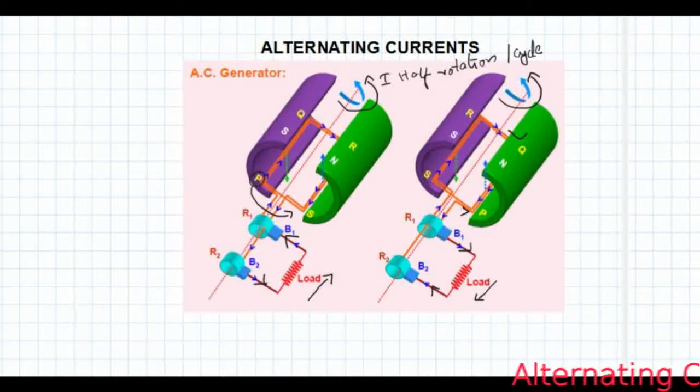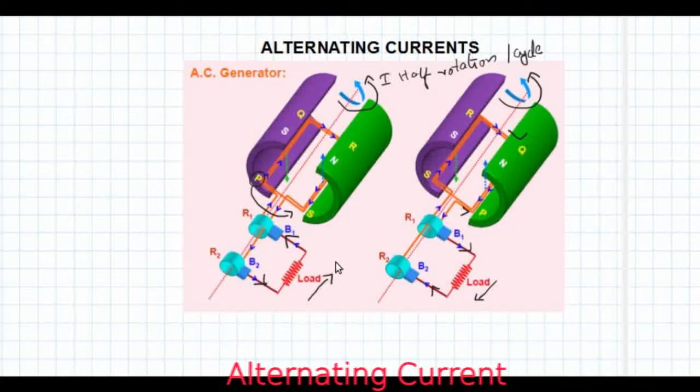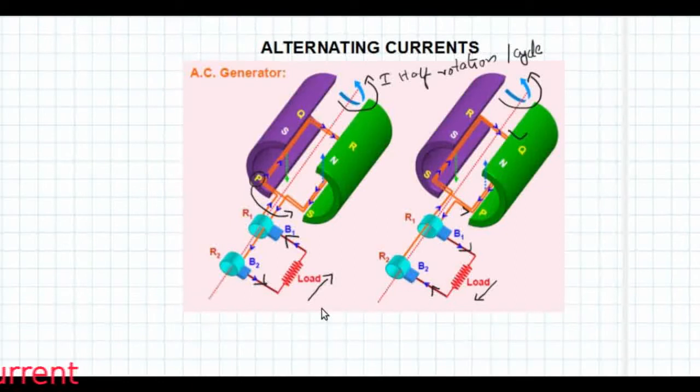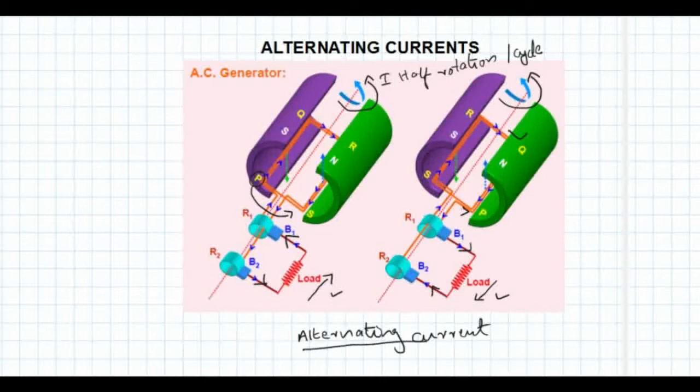So here also, in the first half cycle the direction of the current is say forward, then in the next half cycle it is backward. This way the direction of the current reverses in the case of alternating current, and that is why it is called alternating current.